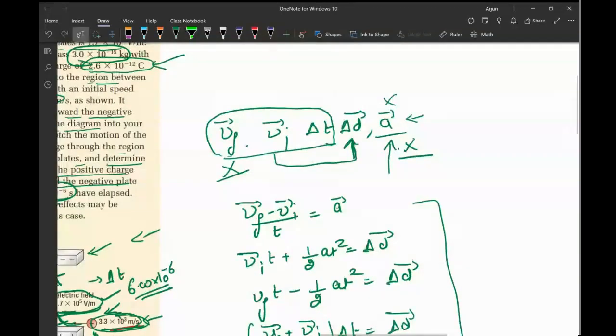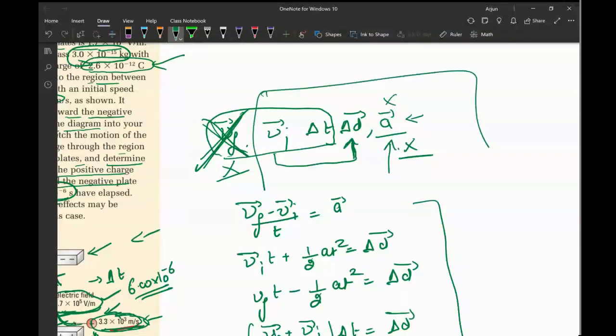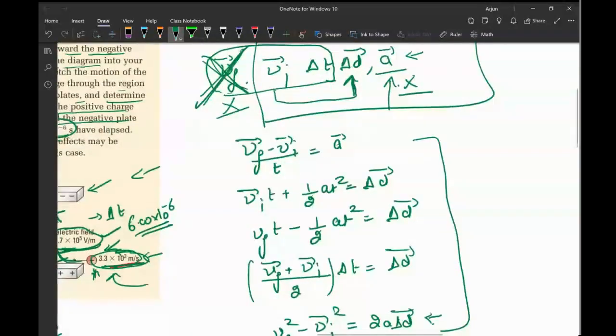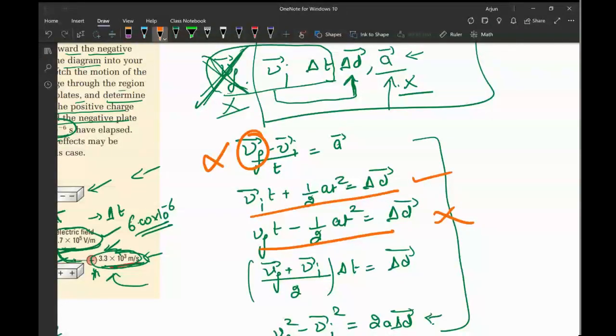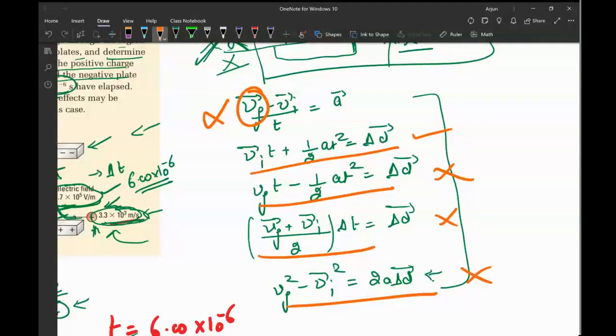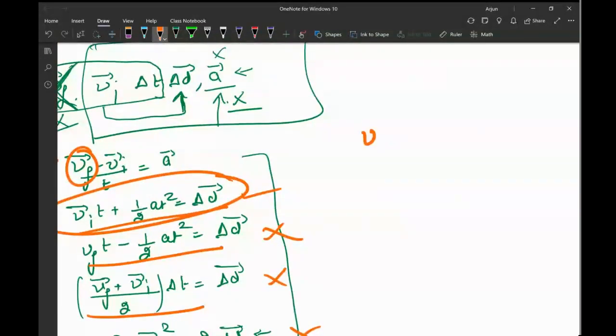So I will neglect all the equations which talk about the final velocity. This has final velocity, first equation has final velocity, neglect it. This does not have it, so I'll select it. This has, I'll neglect it. This has final velocity, neglected. This has final velocity, neglected. So I'm left with this equation, which I'm going to use to solve my question.